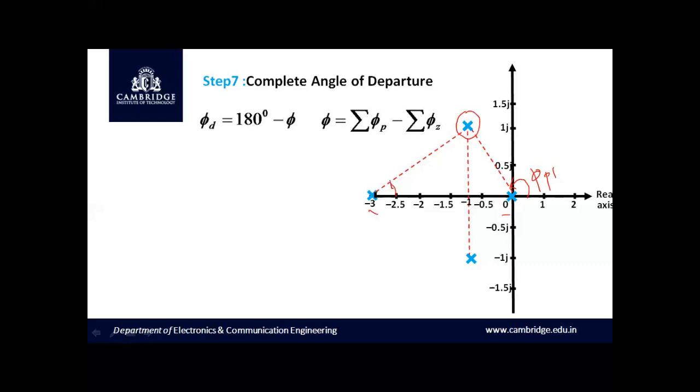This is the angle of contribution for the pole at s is equal to minus 3 towards the complex conjugate pole which is under consideration. And finally, the other pole is the other of the complex conjugate pair. Exactly this angle of contribution towards this complex conjugate pole. So let us calculate these angles. Phi p1.